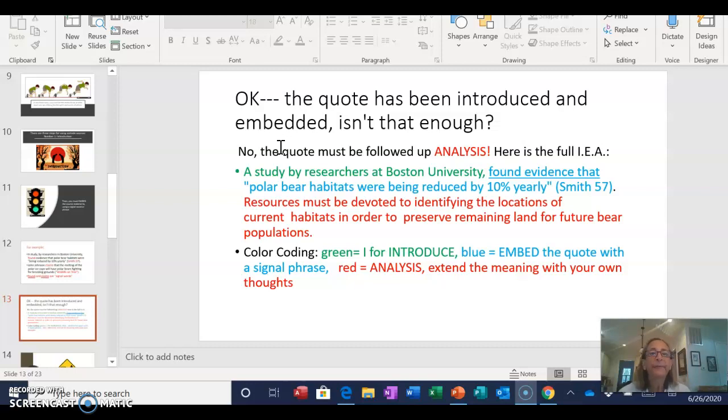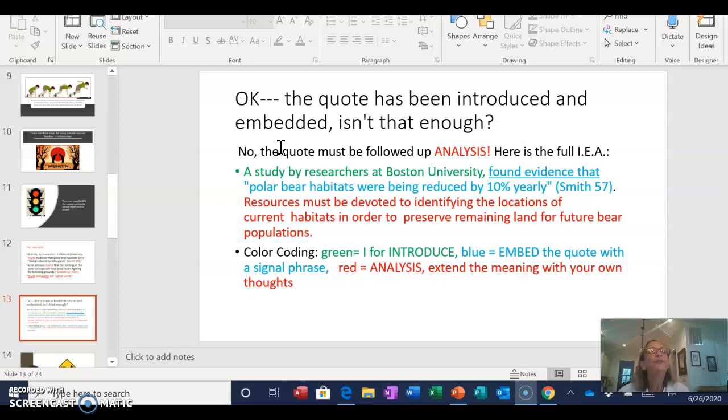A study by researchers at Boston University. Introduction, people. The green is the introduction. Found evidence that, and you could consider that found evidence that is your signal phrase. Now we have a direct quote. Polar bear habitats were being reduced 10% yearly. Okay, now what's the red?